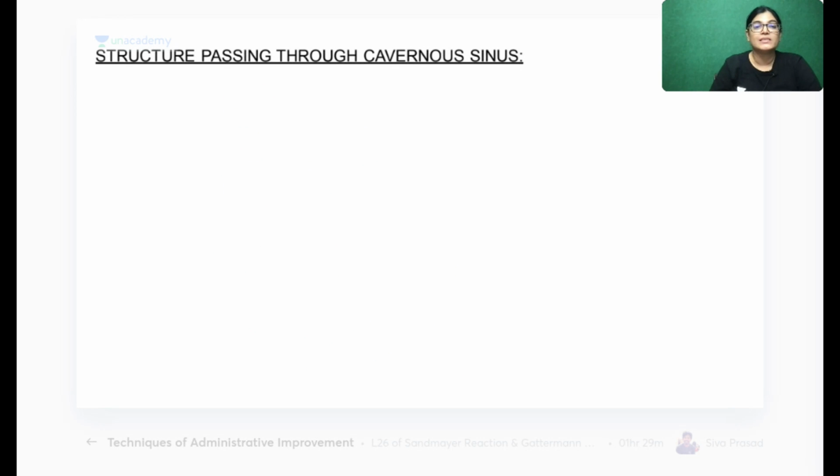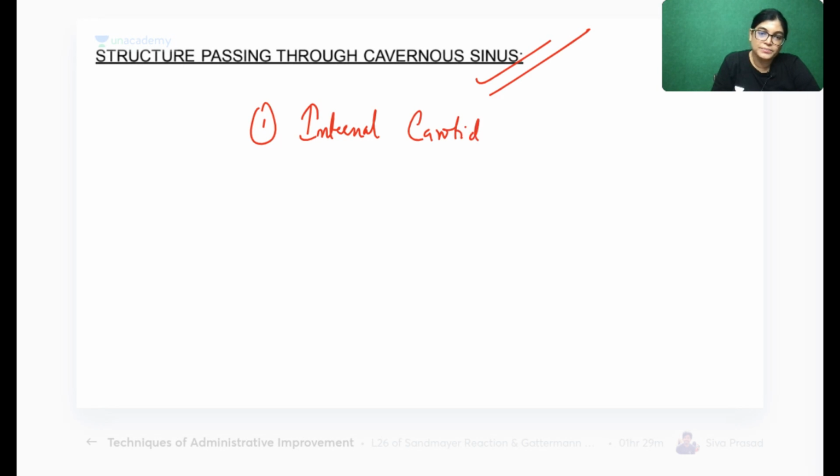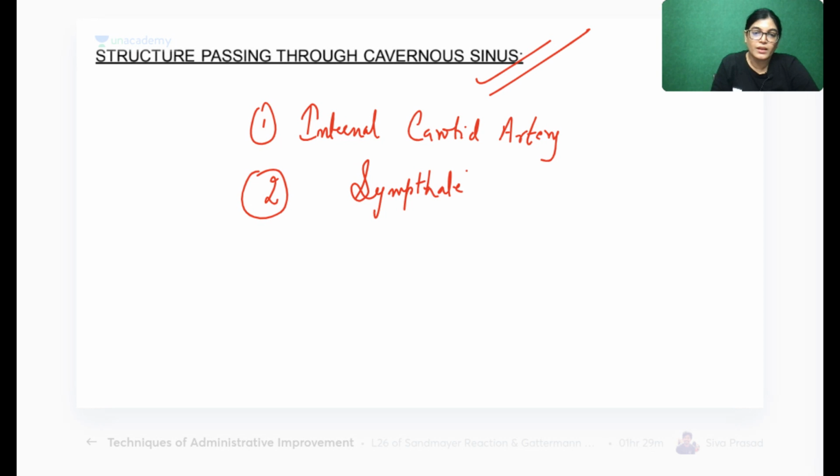The next important point is the structures passing through the cavernous sinus. The structures are the internal carotid artery, and the sympathetic plexus around the internal carotid artery, which will also traverse, and the abducent nerve.